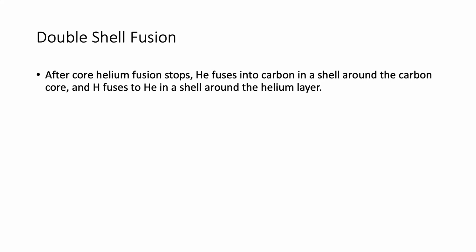Once the helium core starts to ignite and begins to fuse into carbon, then you start to get carbon building up at the core. Right? And eventually you end up with this giant ball of inert carbon surrounded by a shell of helium in which it's fusing helium into carbon. And that is surrounded by another shell of hydrogen that's fusing into helium. So it's really starting to look like one of those jawbreaker candies.